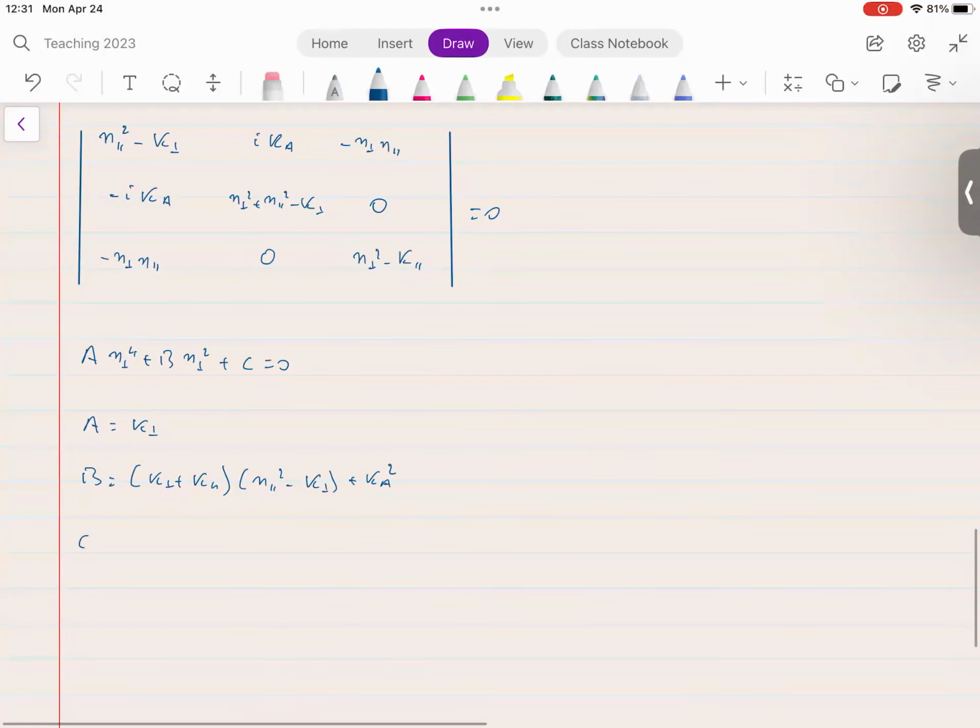And the last one, c is k parallel times n parallel square minus k perp all squared minus k sub a square.